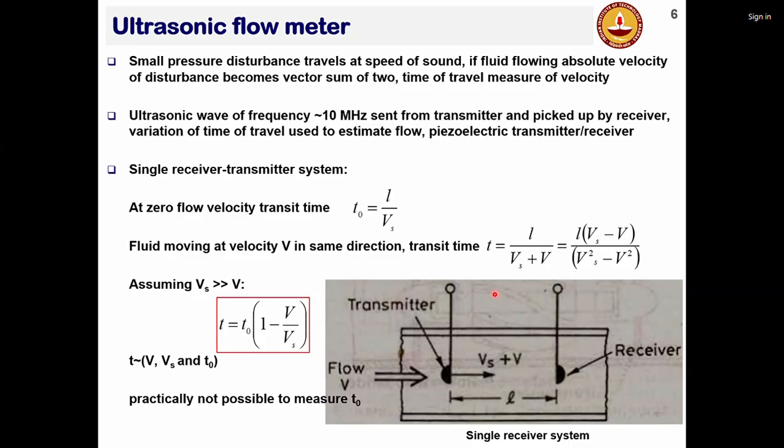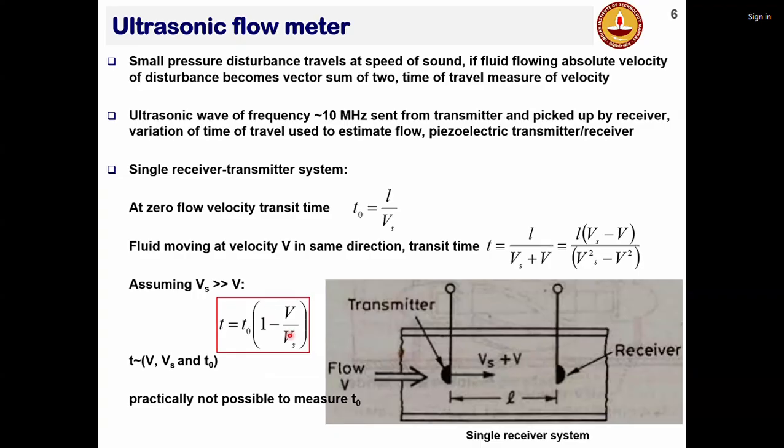But in case of gas, there is some change. If there is a change in temperature, there is a change in density, and more for gases, and if there is a change in density, there will be a change in velocity. So those effects have to be accounted by the control system. There has to be a simultaneous measurement of temperature, which should be considered by the control system to account for the increase and decrease in the sound wave velocity. Right. Thank you so much.